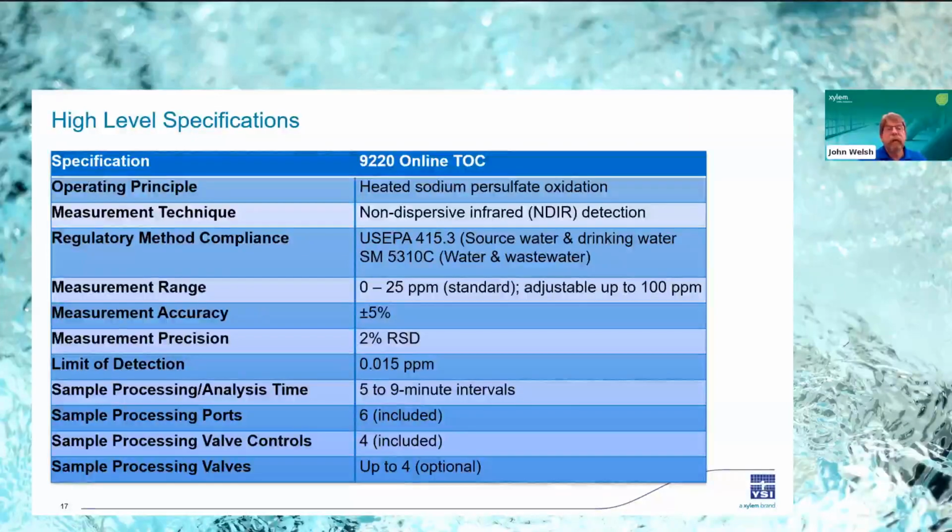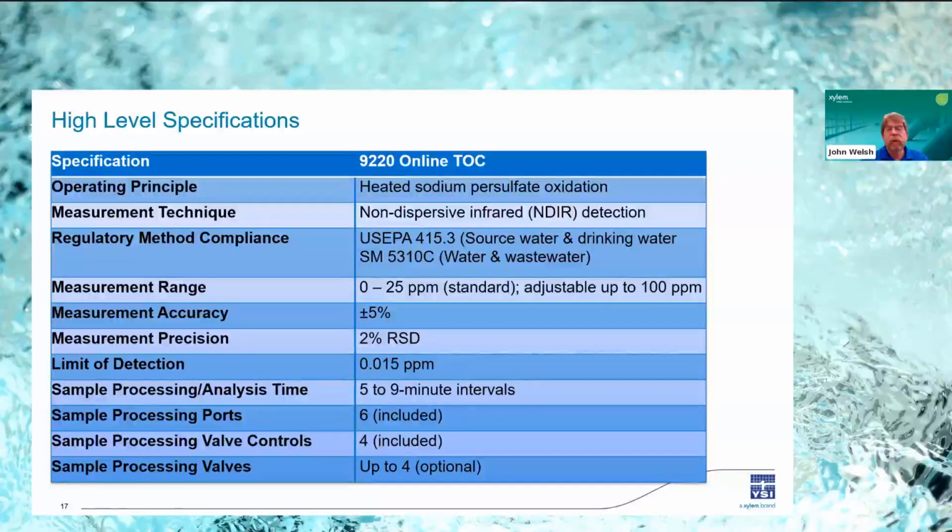However, if a lower measurement range is necessary, say 0 to 5, 0 to 10 parts per million, whatever that happens to be, then it's as simple as selecting that range, calibrating the instrument to that high concentration standard, and then operating it from that point.